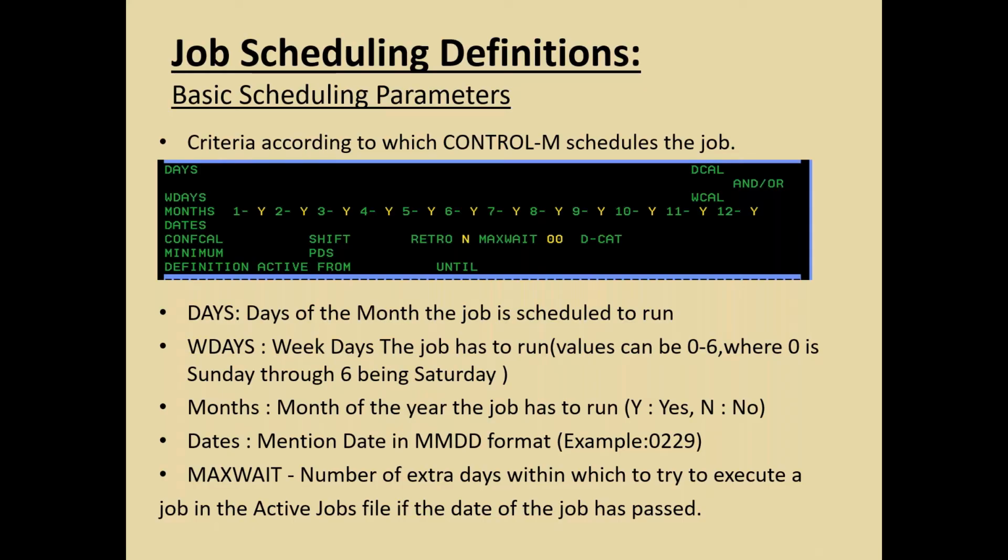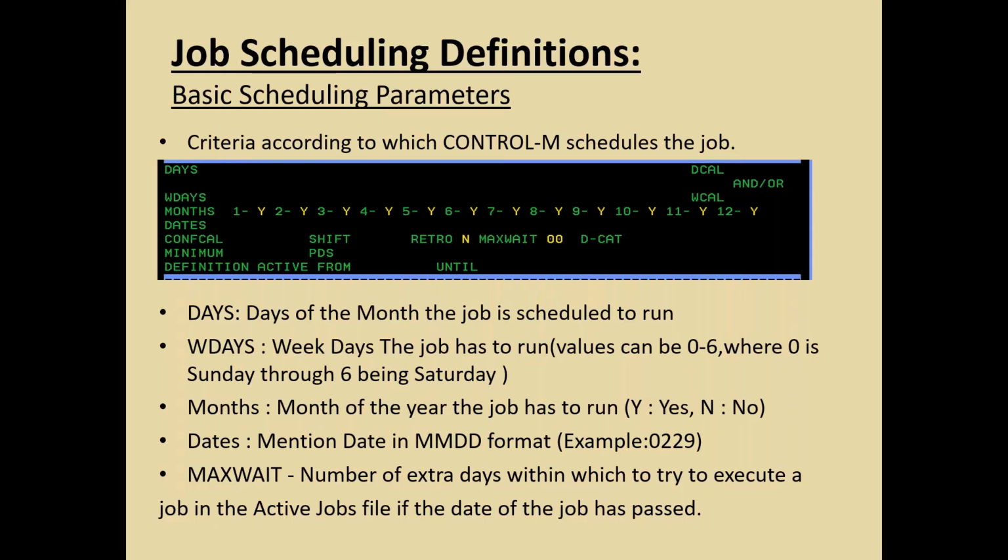Then the next parameter is months, that is, the months of a year the job has to run. Y is for yes and N is for no. So if you give an N at month 10, this job will not run in that particular month. The entire month it will not run. Dates mentions the date in mm and dd format.